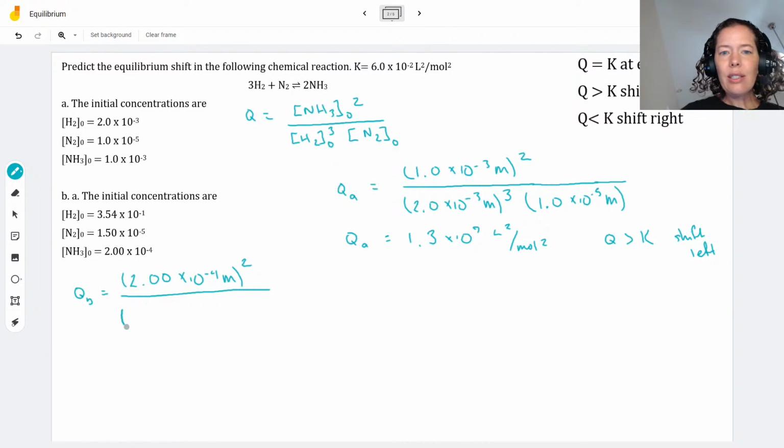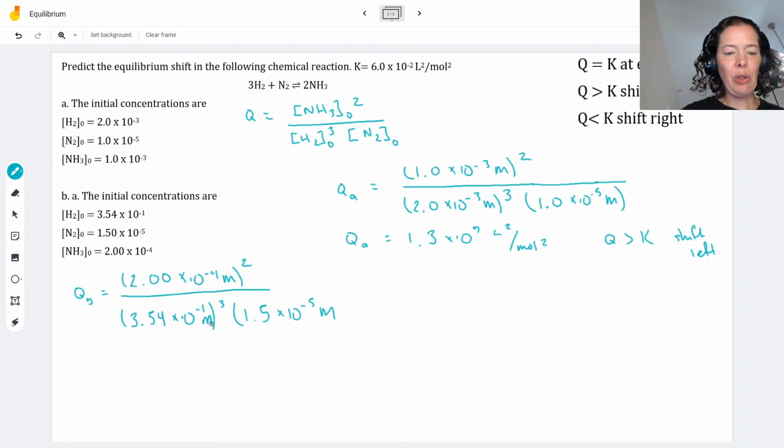So let's go ahead and go on to hydrogen gas, which is 3.54 times 10 to the negative 1, and that is going to be cubed. And then we're going to plug in for our nitrogen gas, which is 1.5 times 10 to the negative 5th. Oh, I forgot my units here.